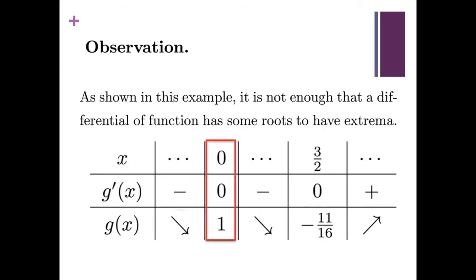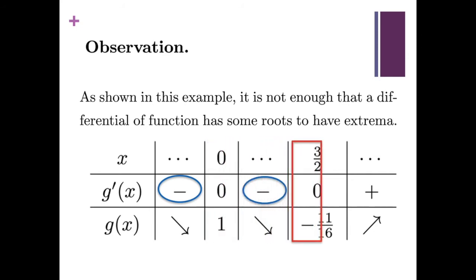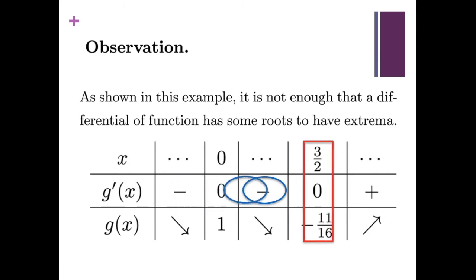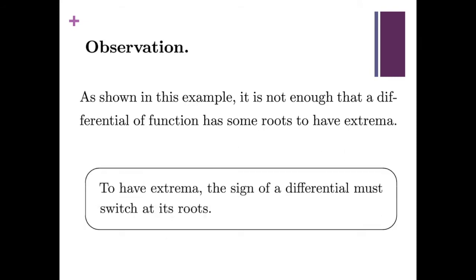You can find that the sign of g prime around x equals 0 does not change, and the sign of g prime around x equals 3 over 2 changes. So, I can conclude the following proposition. To have extrema, the sign of a first derivative must switch at its roots.